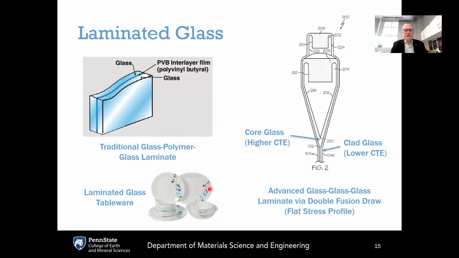Even though these might look like ceramics, these are actually laminated glass tableware where there is a phase-separated opal glass in the middle. It has a spinodally decomposed glass in the interior, and that's what gives it the white color. It's because of the microstructure that results from spinodal decomposition.